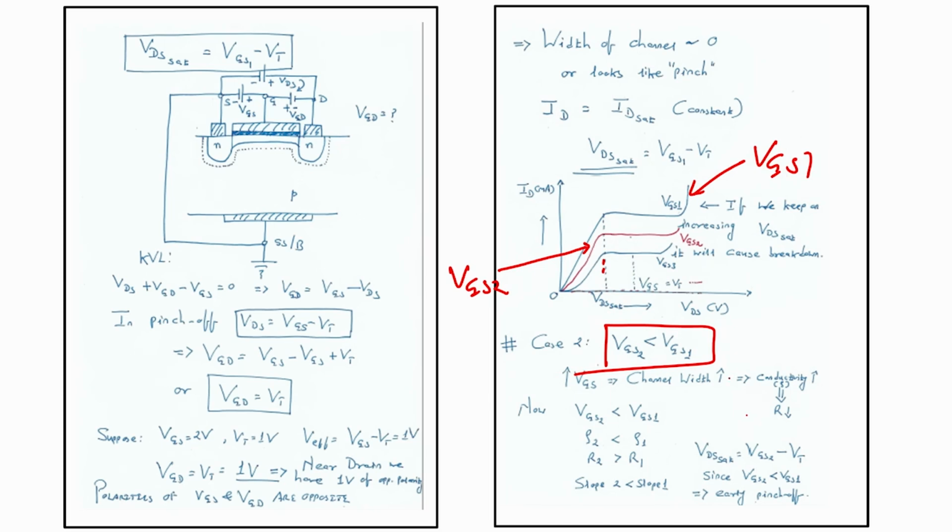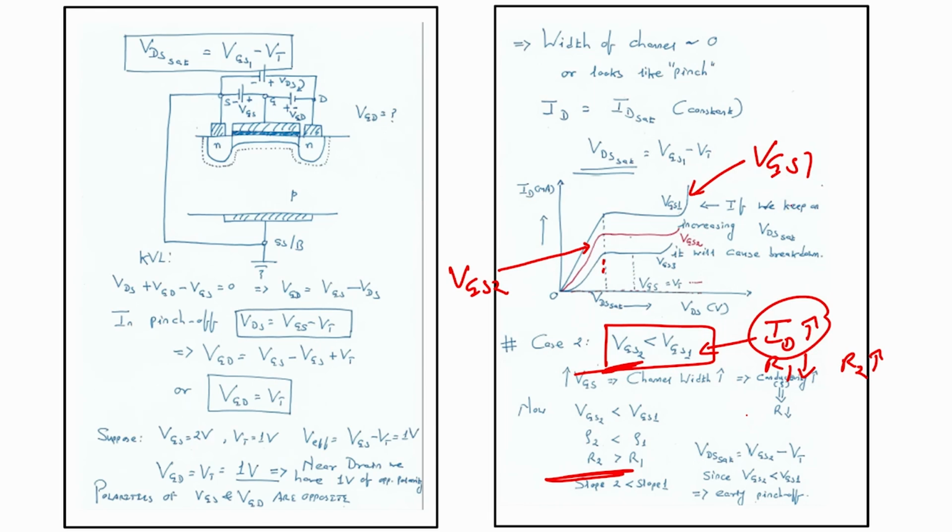That means the current at VGS1 would be higher, because resistance at 1 is lower compared to resistance at 2. Resistance at 2 is higher because of VGS2, that is why my current would be higher where I am applying VGS1, and when I am applying VGS2 my current would be less.